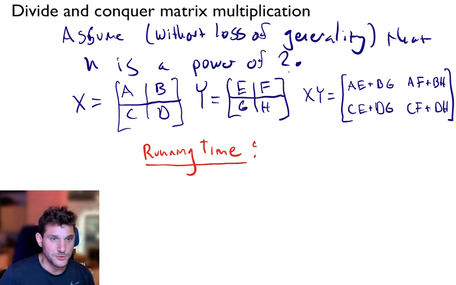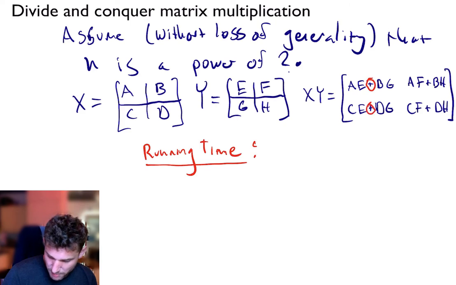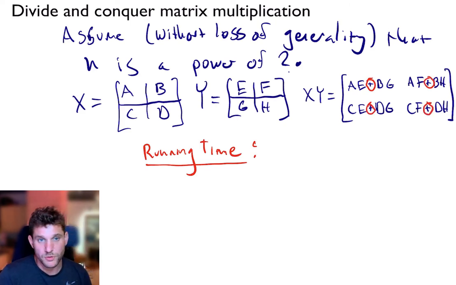So this gives us a natural divide and conquer type algorithm by reducing the product of these two n by n matrices to a bunch of smaller matrix multiplications on the order of n over 2. So let's just address one thing first. You'll notice that we have these 4 additions here, where you have to add two n over 2 by n over 2 matrices together.